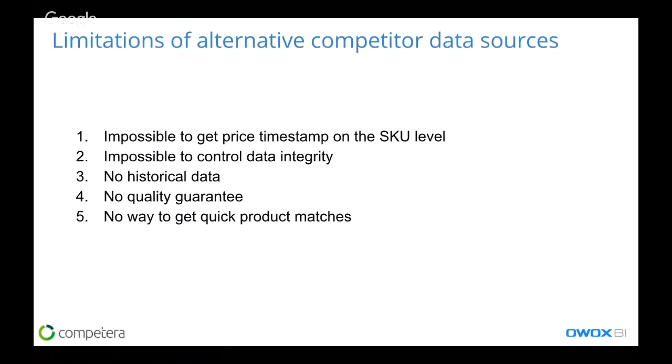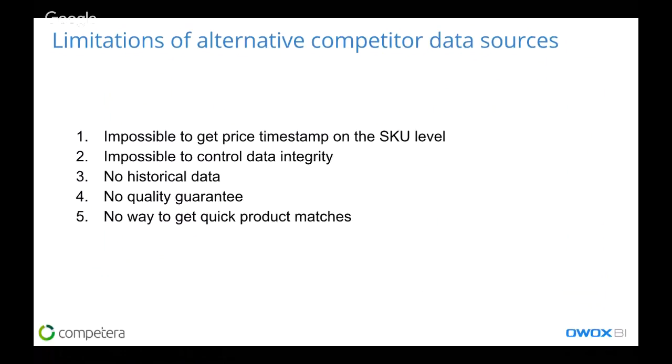And with the help of third-party solutions on competitive pricing intelligence, you're able to get a service quality and data quality guarantee, which is also very important when you're getting competitive pricing data, and more importantly, when you're utilizing it in your complex, sophisticated algorithms.